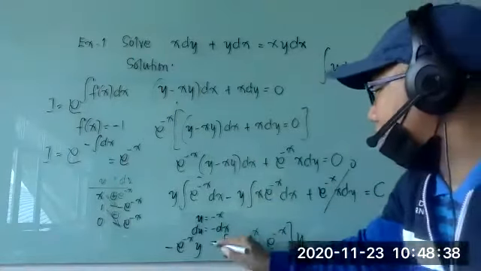Differentiate natin yung x squared, and that is 2x. We differentiate −4x, and that will give us −4. So pag inayos natin, the partial derivative of N with respect to x is actually equal to 6xy − 4.